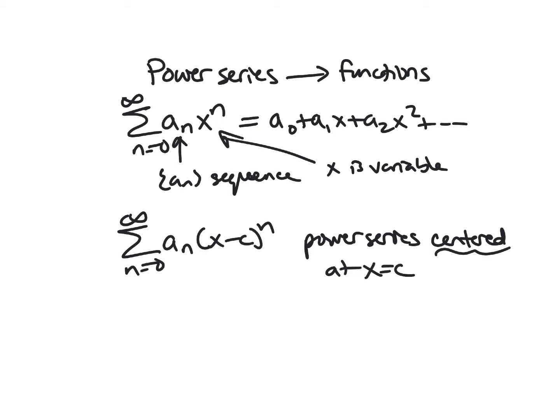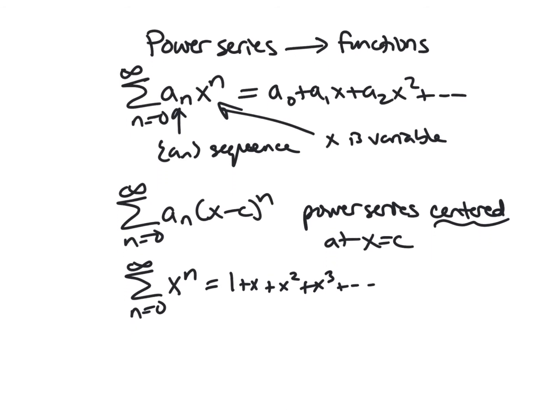All right, so let's look at just a couple of basic examples. It turns out that both of these are actually rather important examples when we start talking about Taylor series. So one example would be n equals 0 to infinity of just x to the n. And this is one we'll come back to in a bit. But this is just 1 plus x plus x squared plus x cubed, and so on.